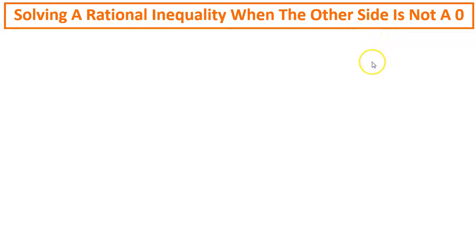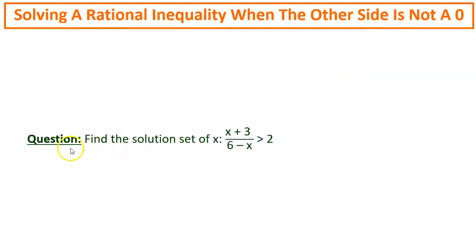Let us first of all look at the given rational inequality. The question says find the solution set of x where (x plus 3) over (6 minus x) is greater than 2. This is the rational expression on the left hand side of the inequality, and this 2 is the non-zero number present on the other side, the right hand side of the inequality.